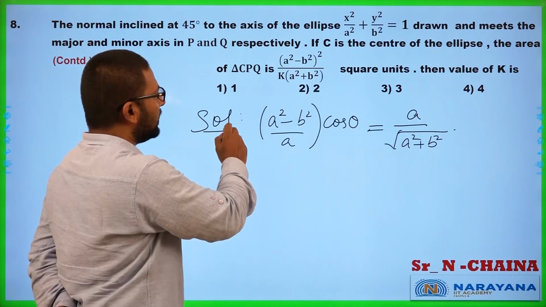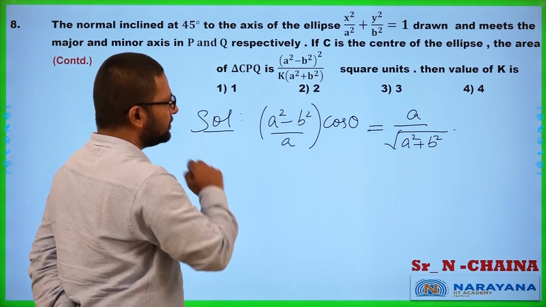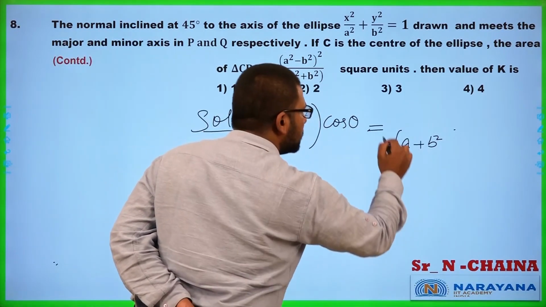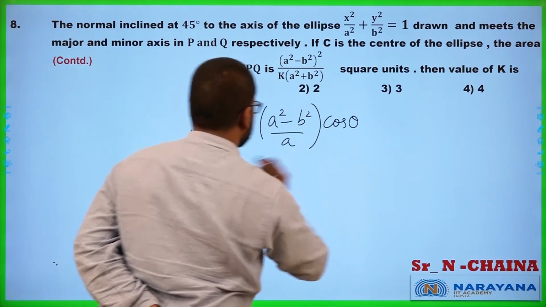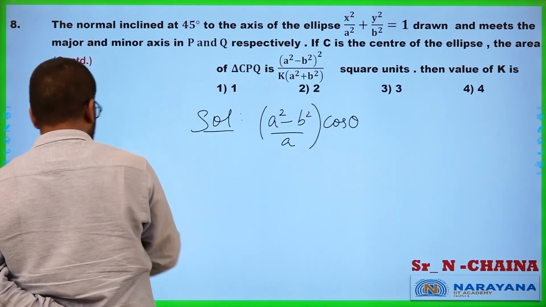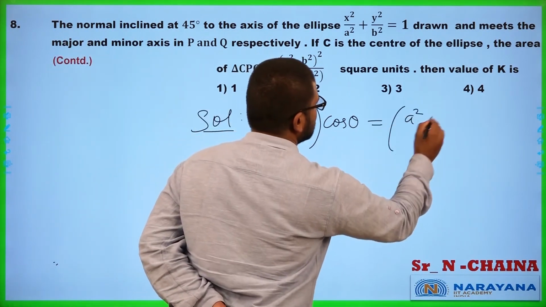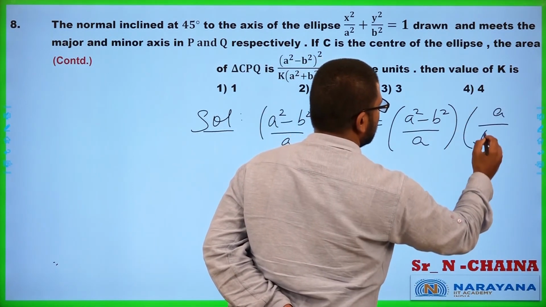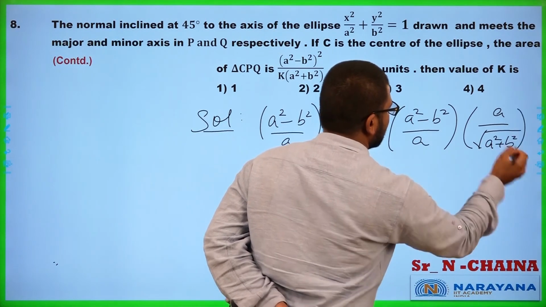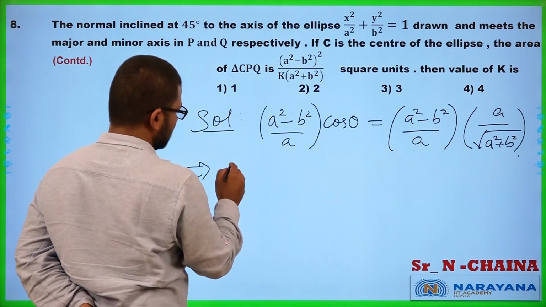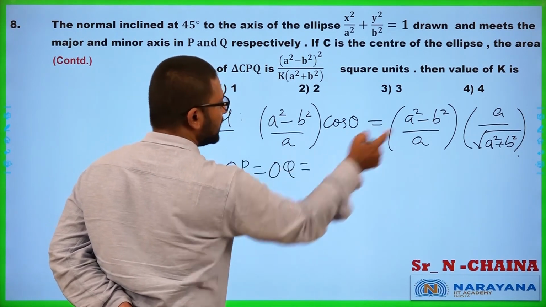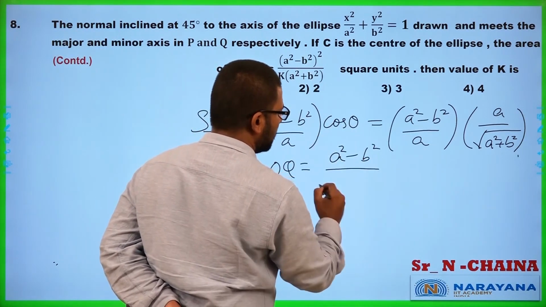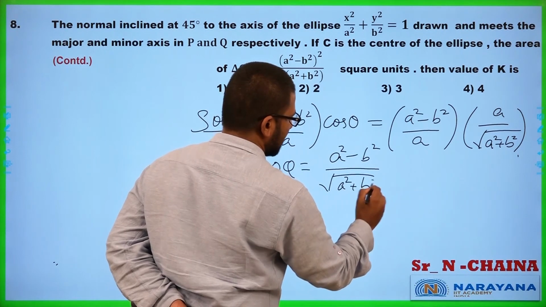Sorry, only cos theta is equal to that expression; I should have been careful. So it is equal to A square minus B square upon A into A by root A square plus B square. OP and OQ are both equal to that value. A will get cancelled. We have A square minus B square upon root of A square plus B square.